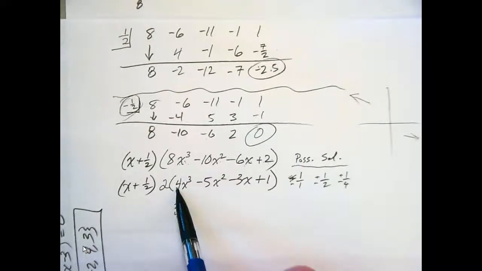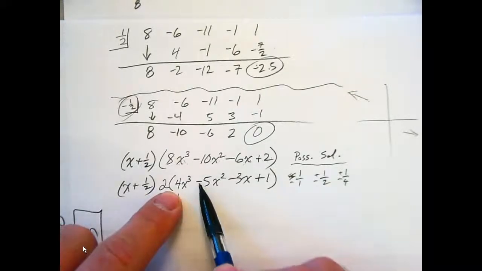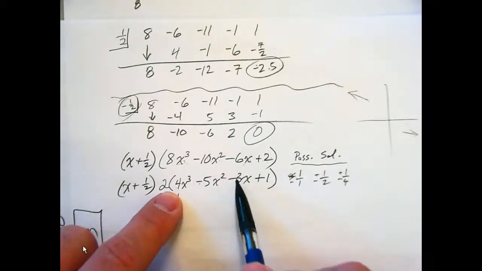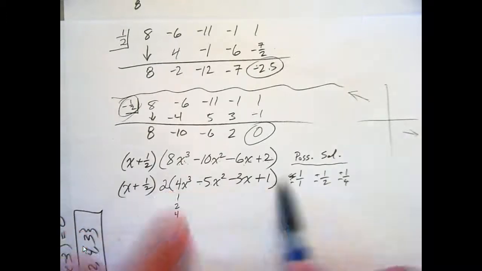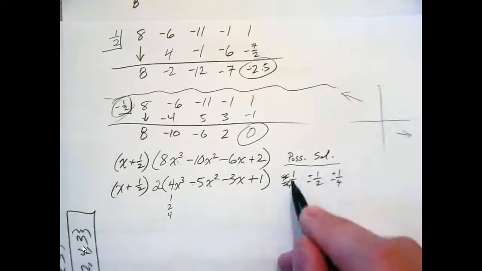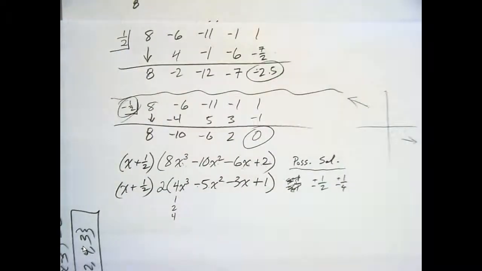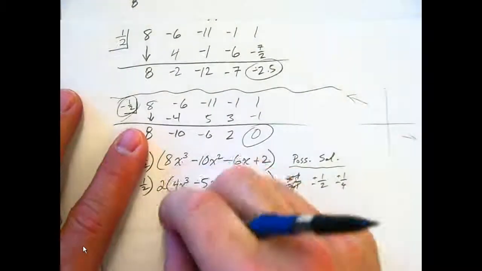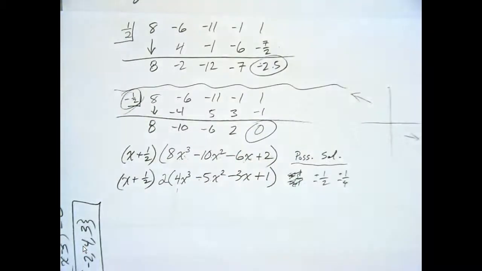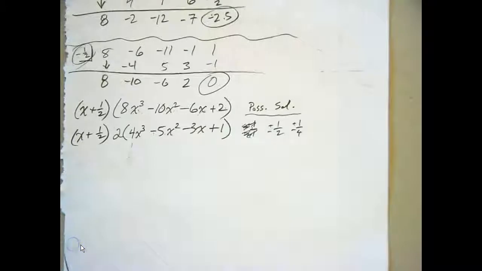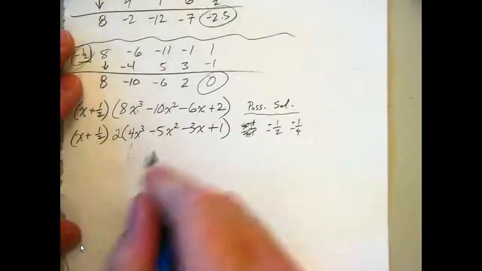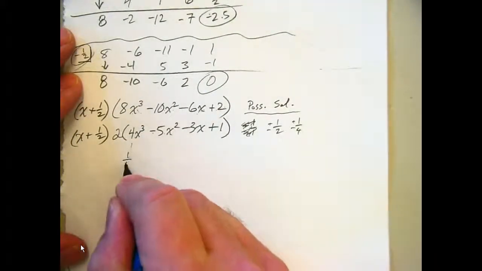So this would be negative 4. This would still be negative 5. This would be positive 3. So we're at 6. So negative 1 doesn't work. Okay. How about 1/2? I want you guys to find which solution works there. Which one works? 1/4 works.